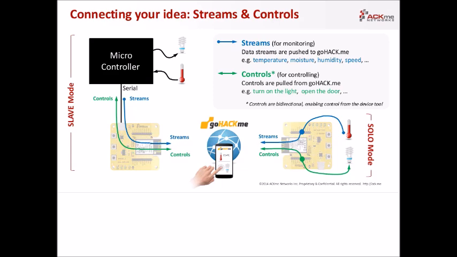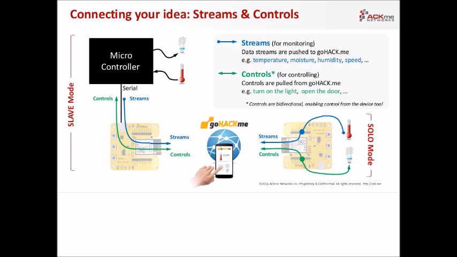If you contrast streams against controls, the flow is the other way, because you want to pick up your phone, press a button to open the garage, or turn on a light, or whatever. And so control enables you to turn things on or off, or push them up or down, from the cloud to the actual device. So it's really the other way to stream.